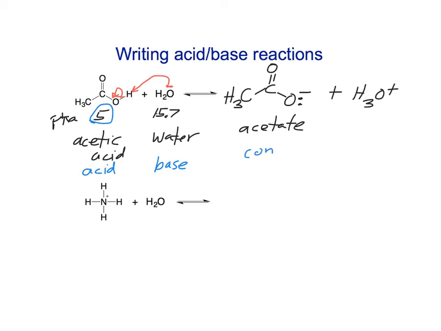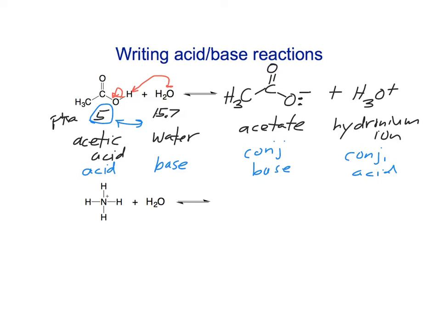And we know that this is hydronium ion, and hydronium ion in this reaction is the conjugate acid. So we compared the acidity of these two reactants. The stronger acid of those two is going to act as the acid. The other compound will act as the base.